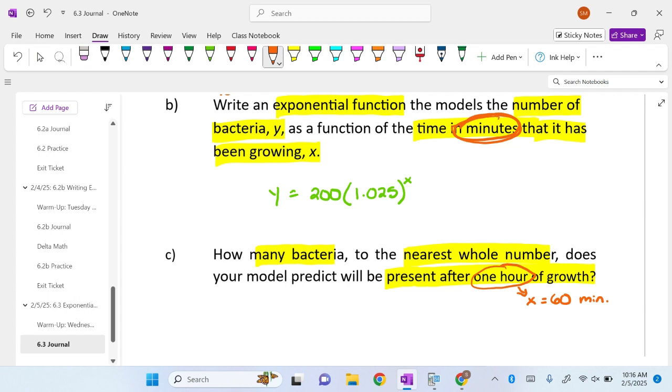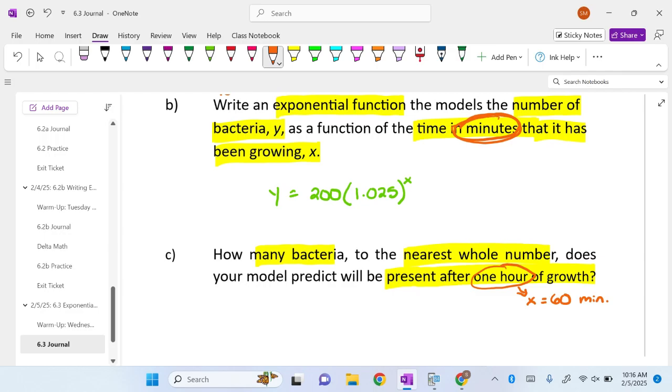So since they gave us hours, but we wrote our equation in terms of minutes, before we can plug our X value back into our equation to evaluate, we got to convert the 1 hour to minutes. You got to keep the units consistent.